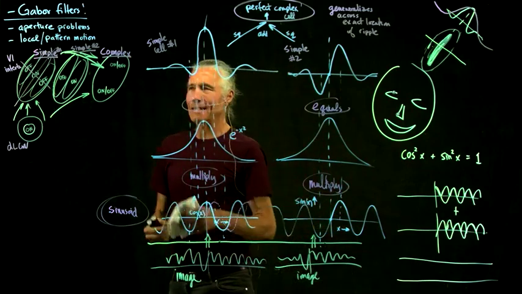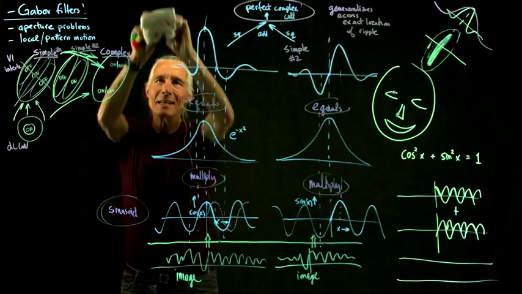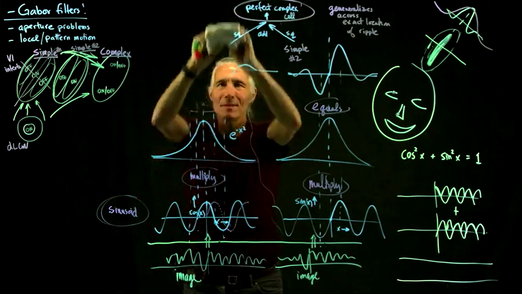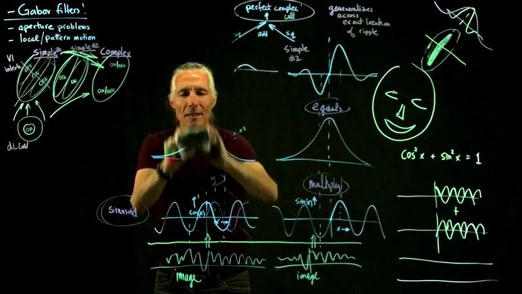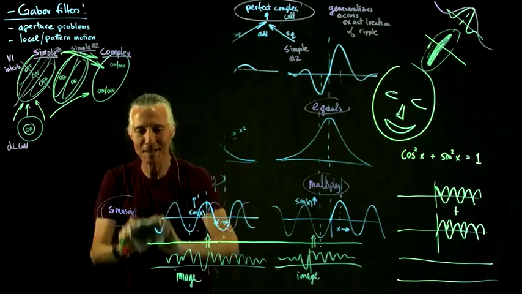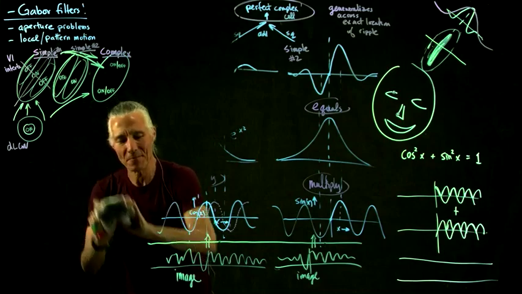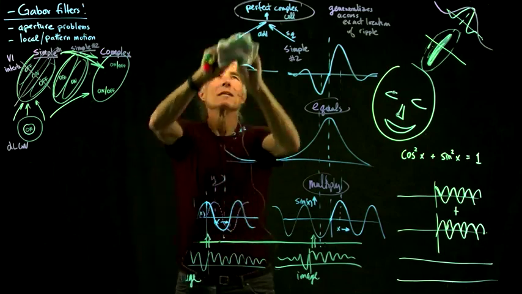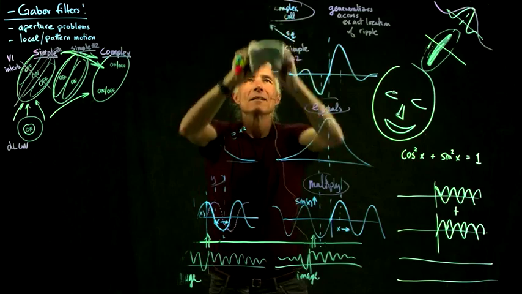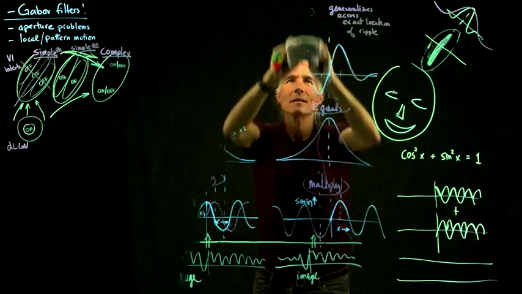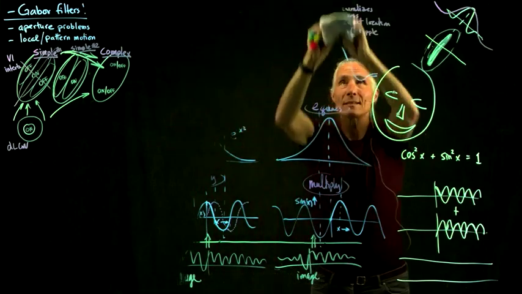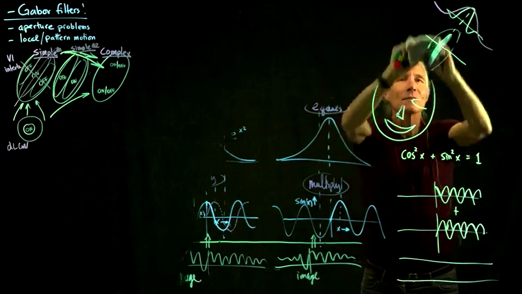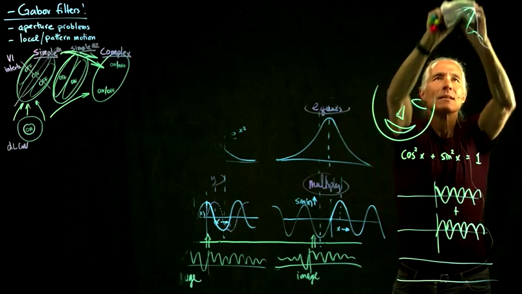Okay, so that was quite a mouthful. Let's back up and talk about a simpler example of an aperture problem that doesn't have any Gaussians in it. And that's the problem of detecting what color something is. When you first think of this problem, you figure, well, you've got red and green cones in the retina.